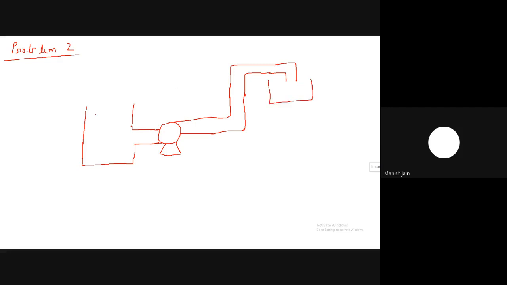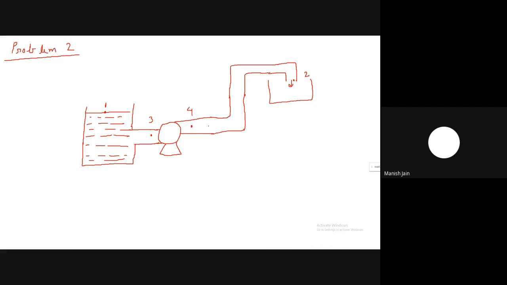This reservoir is totally filled with the fluid and you are taking the fluid from the middle point of the reservoir. So this is point 1. This is point 2 where the fluid leaves the reservoir. Now here you have point 3 inside the pipe. After the pump you have point 4.